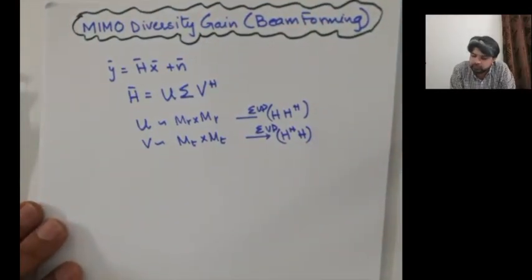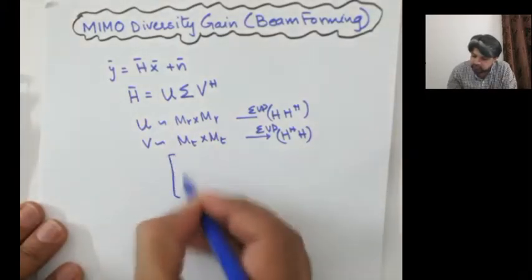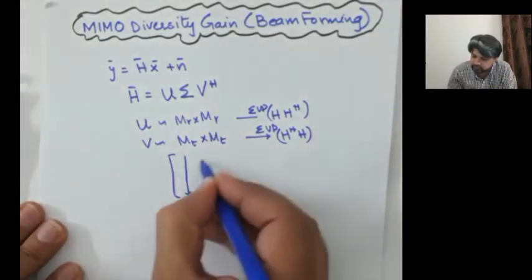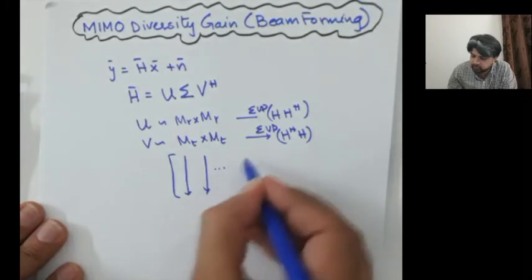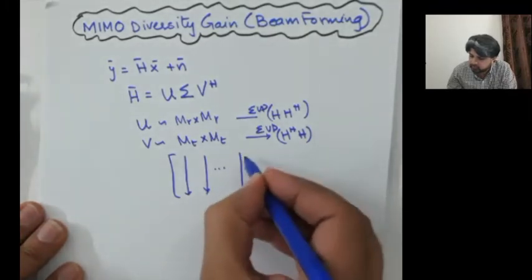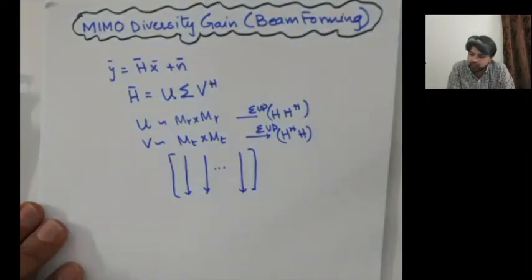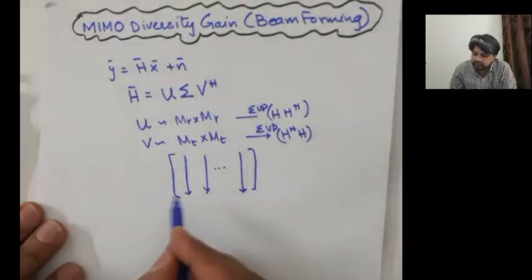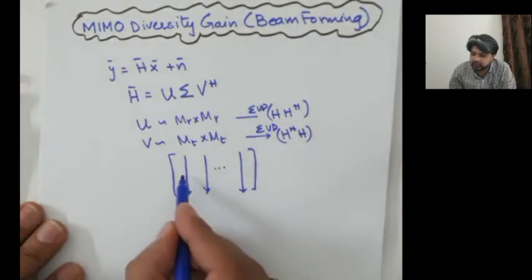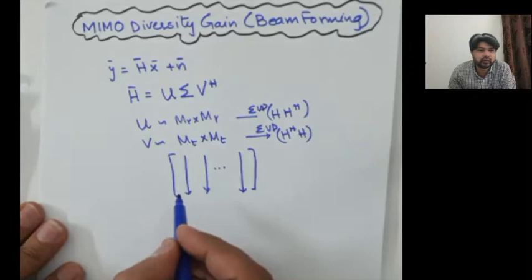So this U matrix would have these columns, column 1, column 2, and there would be MR different columns. And these are stacked together such that this first column corresponds to the highest singular value.